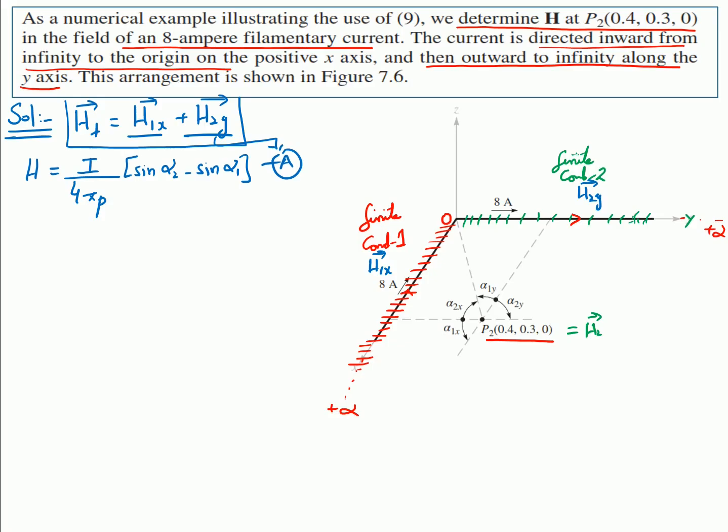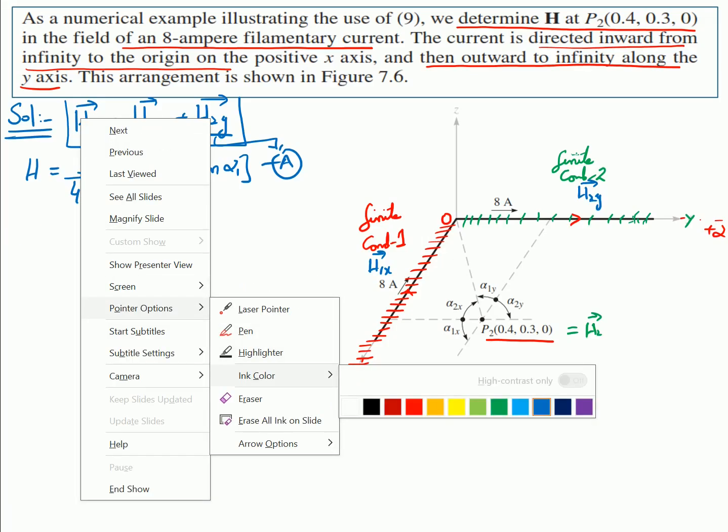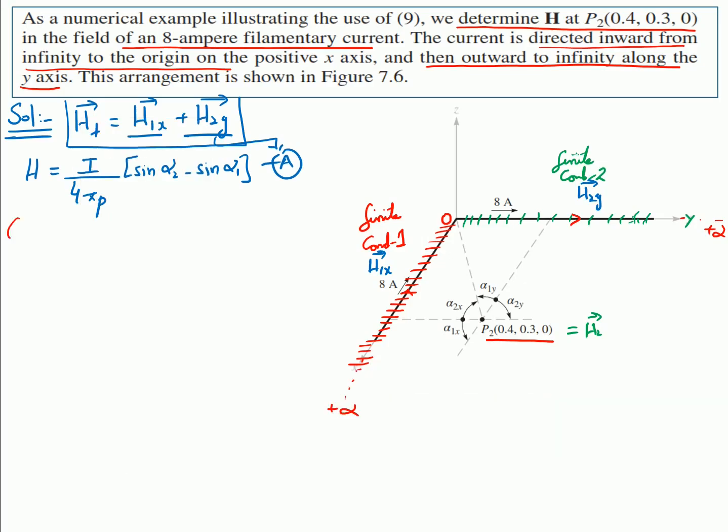So let us first start with the first conductor, using the same scheme. This is my conductor number 1, and I want to find, as per the equation here, the magnetic field along x.